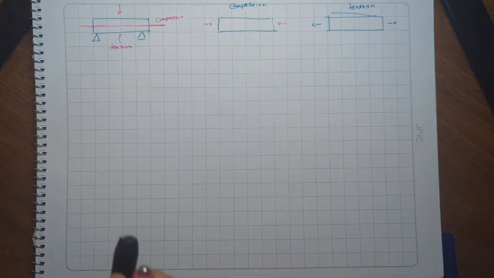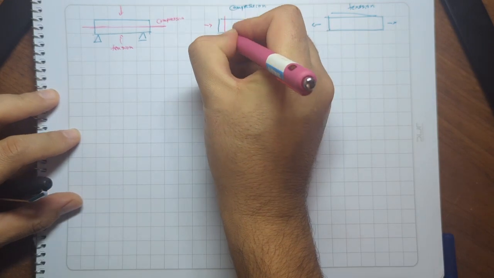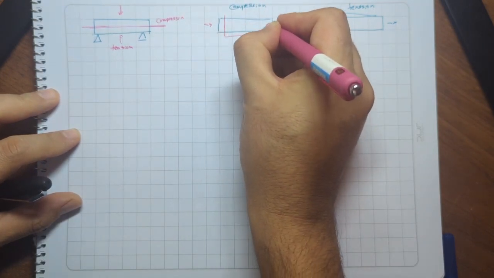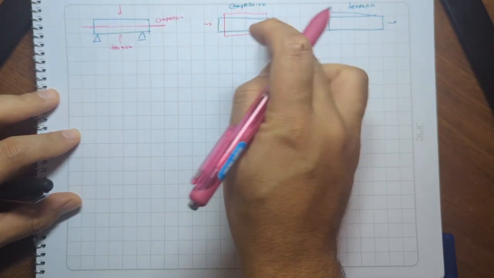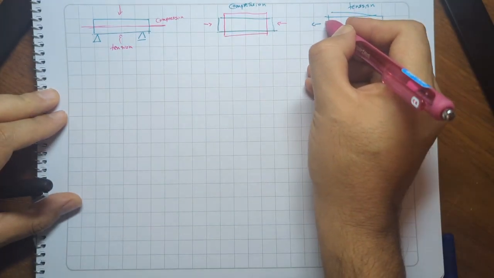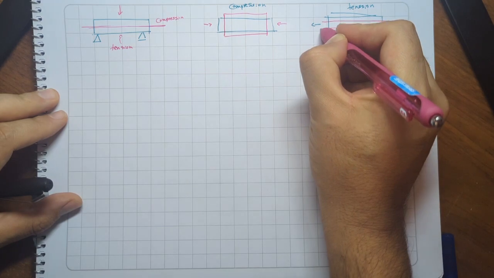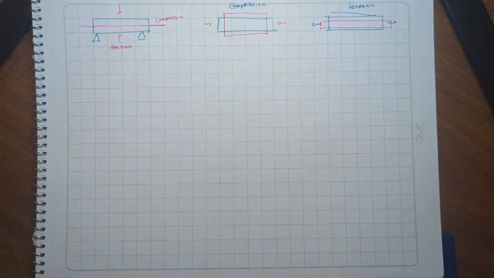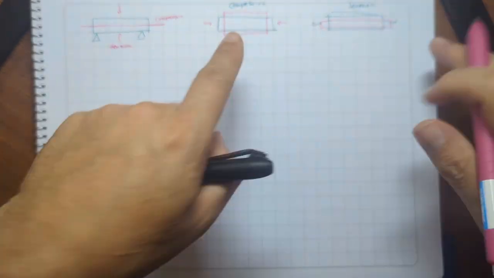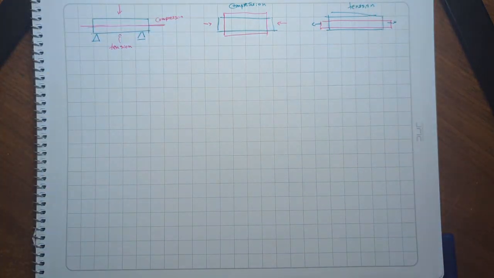We all agreed with that, right? And we all agree this bar is going to look like this after some time, and this bar is going to look like this after some time. It's going to elongate and it's going to be compressed.